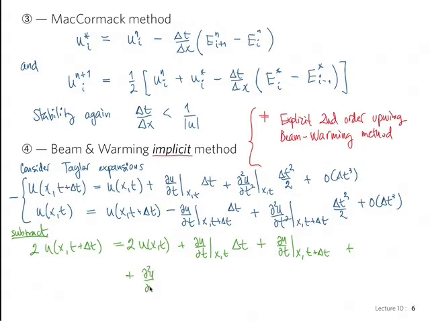Second order derivative d squared u dt squared at x comma t, delta t squared over 2, plus, minus. This one is a minus. When I subtract this equation, this one becomes a minus. x comma t plus delta t, again multiplied by delta t squared over 2, and I have all my order delta t cubed terms.